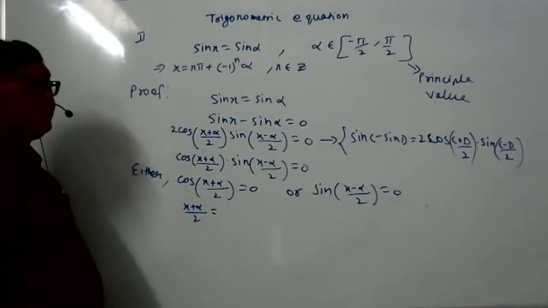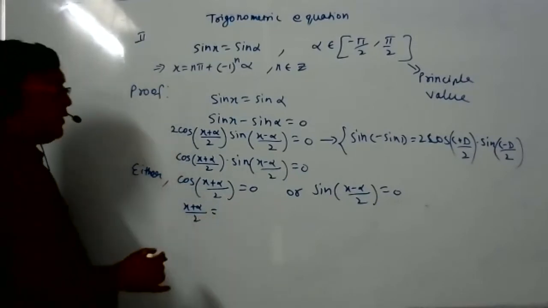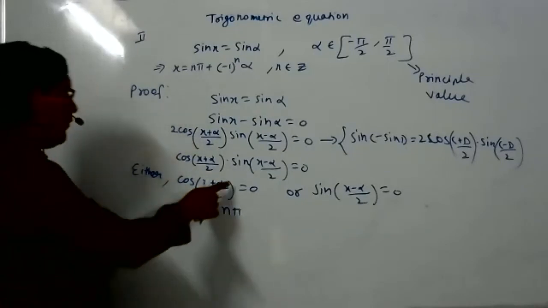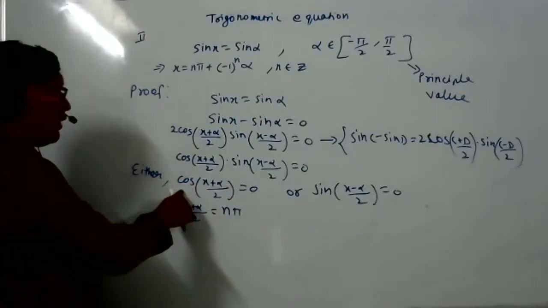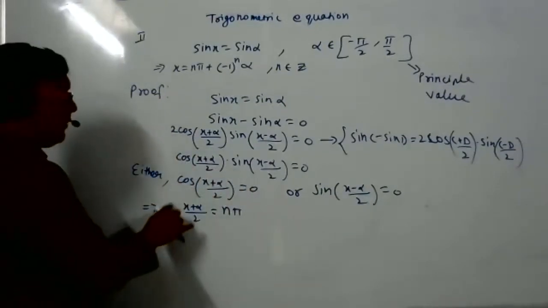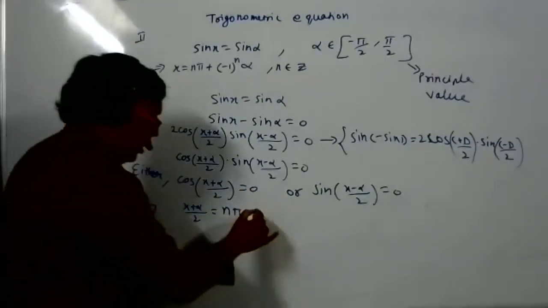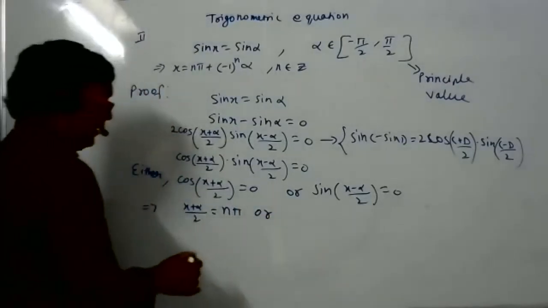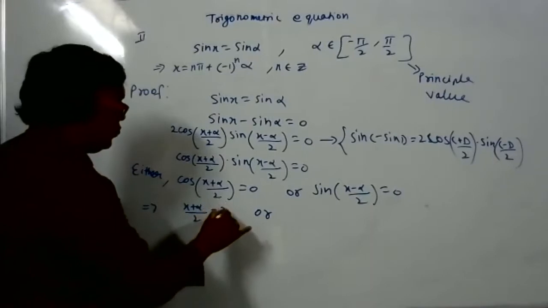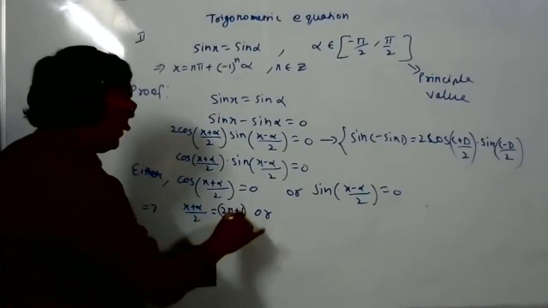An odd multiple of pi by 2, that is, (2n plus 1) pi by 2. So cos((x plus alpha)/2) is 0 implies (x plus alpha)/2 is (2n plus 1) pi by 2.